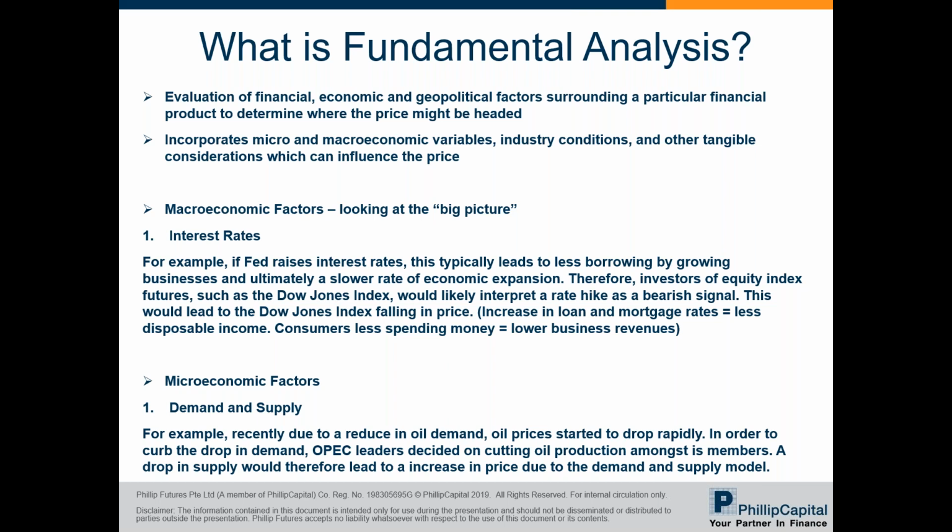So in order to curb the drop, OPEC, the Organization of the Petroleum Exporting Countries, that's what it stands for, the leaders and the members decided on cutting oil production amongst its members. A drop in supply would therefore lead to an increase in price due to demand and supply. So it works both ways: an increase in supply would lead to a decrease in price with the demand and supply model.